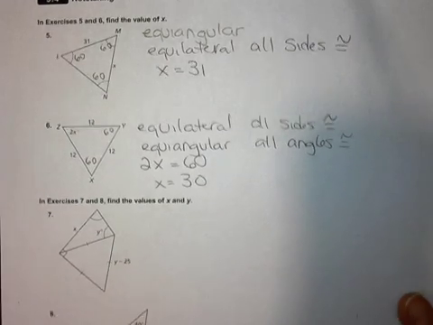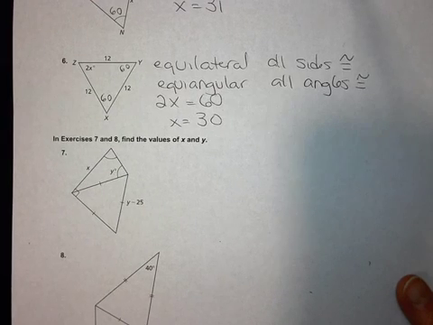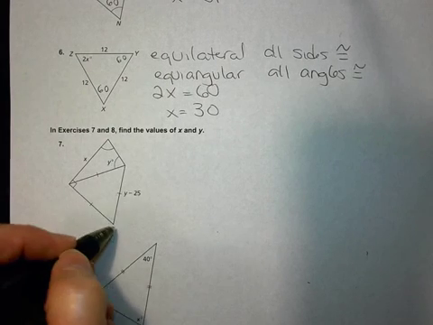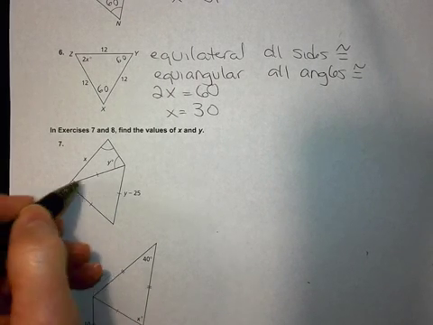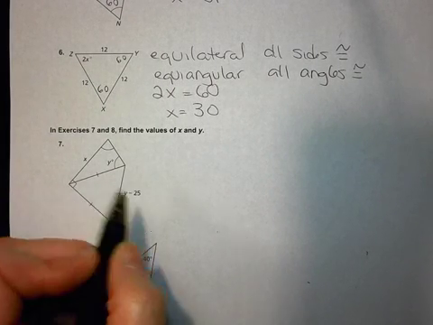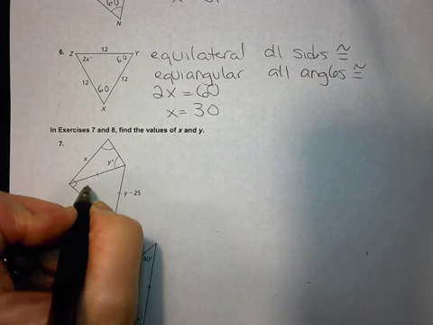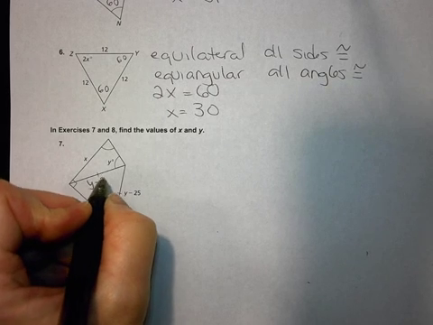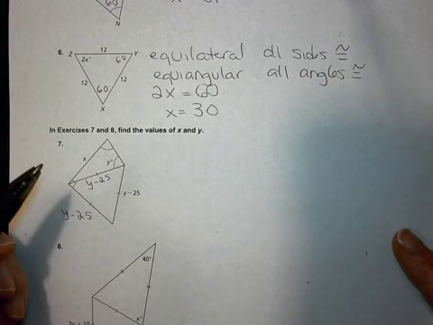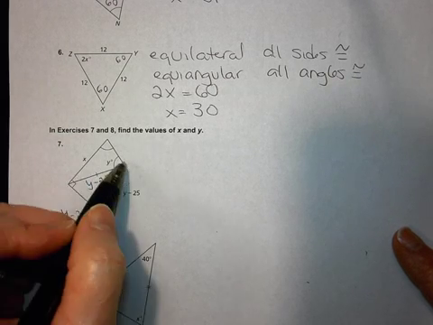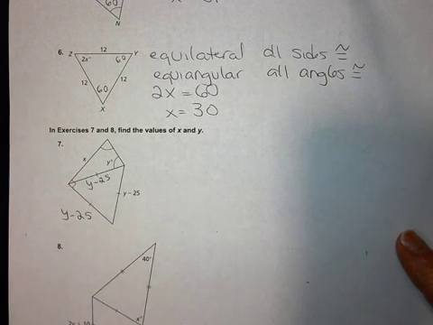Okay, then they're going to put more than one picture together for you to work off of. So if you look at number 7, we have an equilateral triangle here because all the sides are the same. So if this side is y minus 25, that side is y minus 25, and that side is y minus 25. And if we look at this triangle, it is an isosceles triangle.